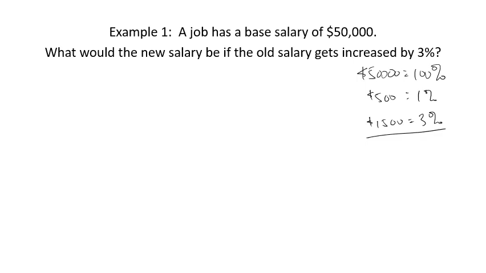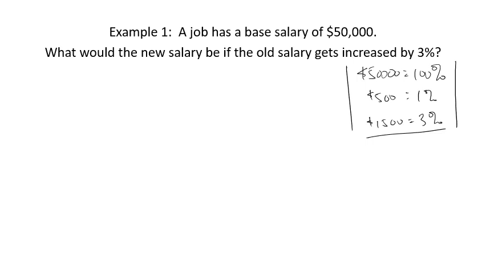And so we could add that on to the salary, 51,500, and go from there. I'm not disputing that this is a correct solution. It's not using proportionality necessarily, so I want to do it the way that's shown in the book. But I just want to be clear, there's nothing wrong with this solution.